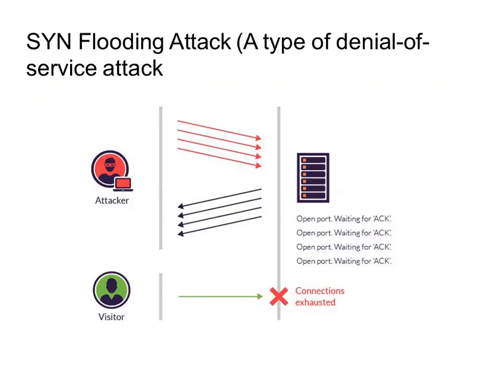After receiving every synchronization packet, the server reserves some resources that will be required for that client, sends a sync plus ACK packet, and waits to receive the ACK from the client. Now if the attacker sends a large number of synchronization packets, the server will be reserving memory and other resources for each one, and sending an acknowledgement for each.